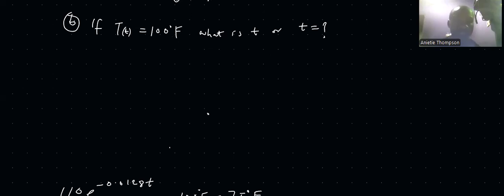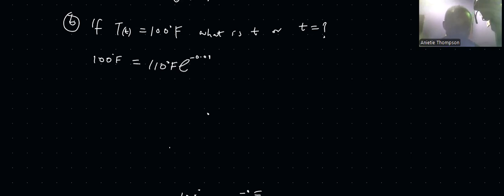So what we mean there is we have 100 degrees Fahrenheit equals 110 degrees Fahrenheit exponential minus 0.0128 times t. That is our equation 2. And then plus 75. So again, I'm going to make the exponential term the subject of the formula.